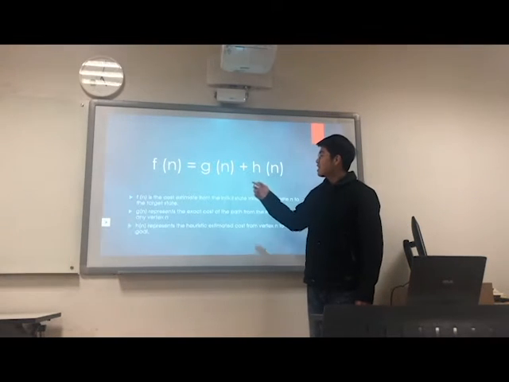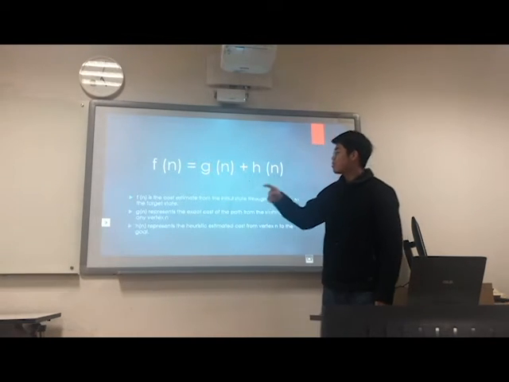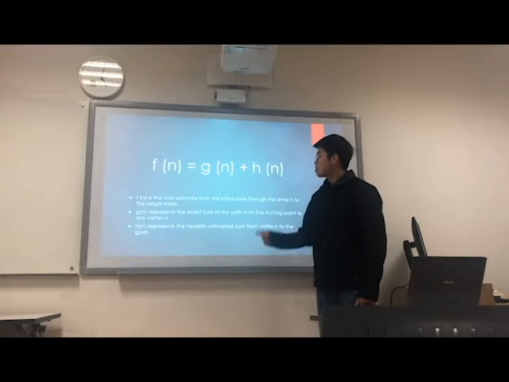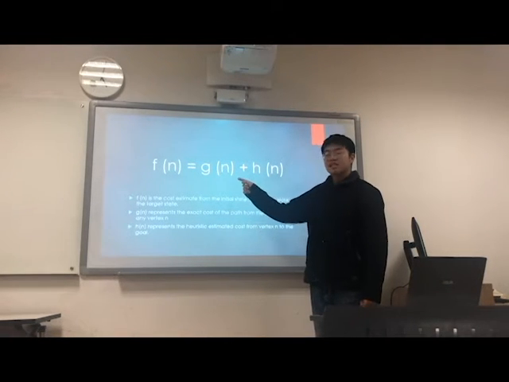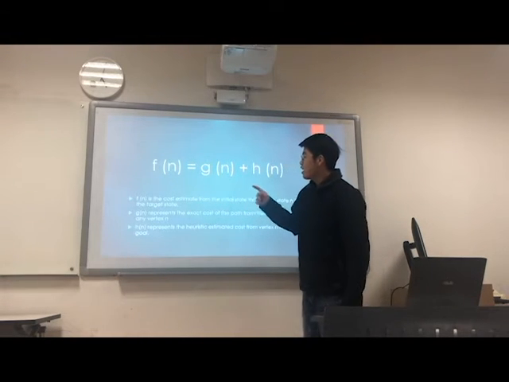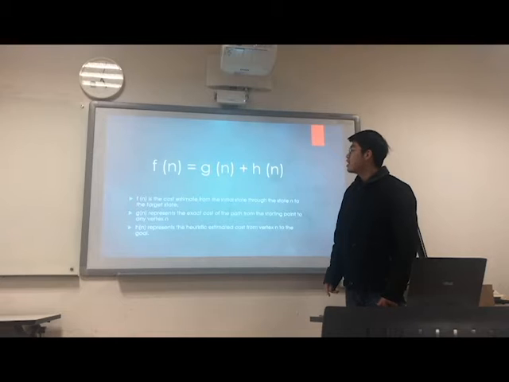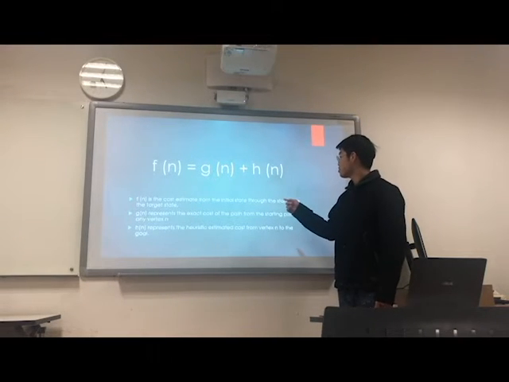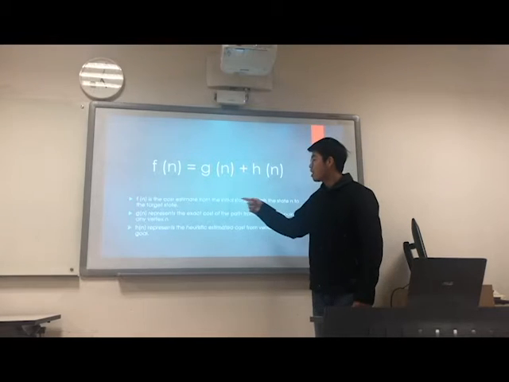First, the A-star algorithm is based on this function, and in this function there are three elements. The first is Fn, the cost estimate from the initial state through the state n to the target state.